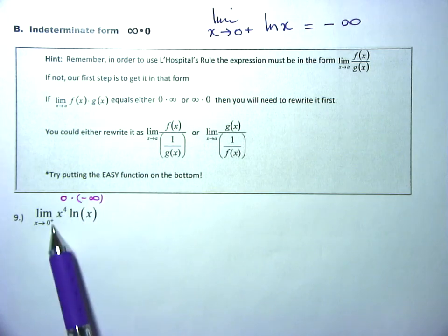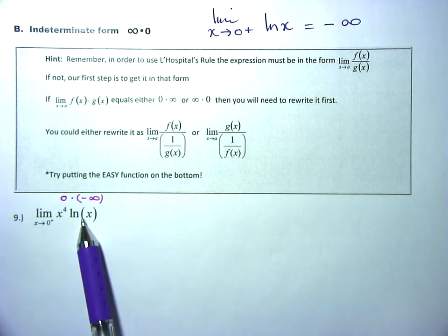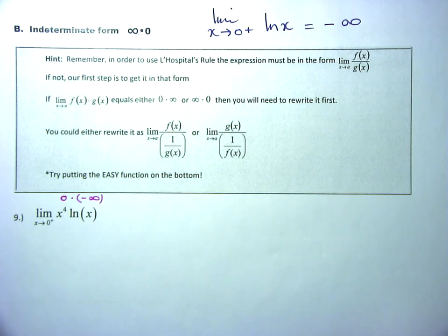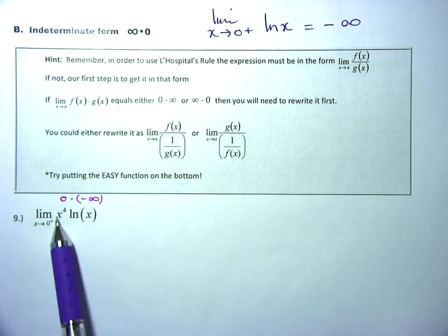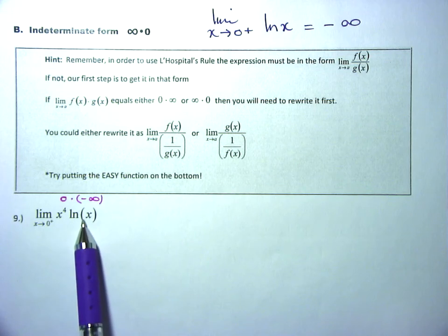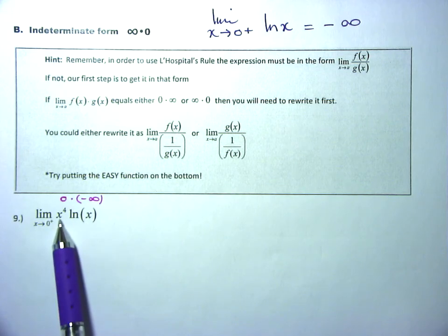So that tells me either one of these two components needs to be moved into the denominator. And the rule that I will give you guys is typically, if you have an expression that already has a negative exponent, move that guy. If you don't have anything raised to a negative exponent, move the algebraic component. So in this case, x to the power 4 is the algebraic component. ln of x is the logarithmic component. Move the algebraic.